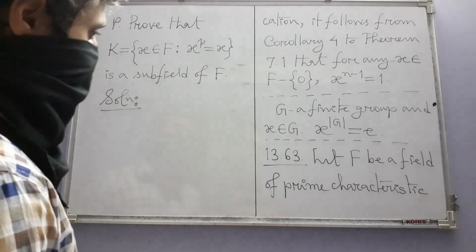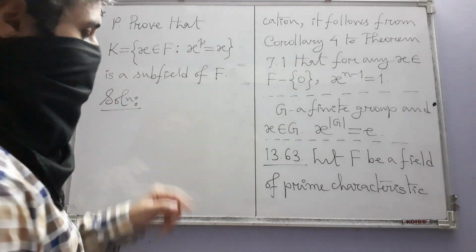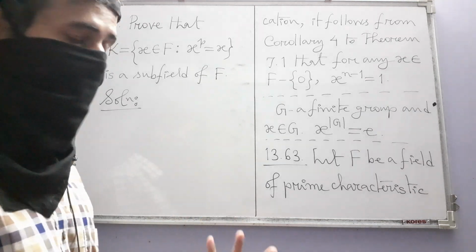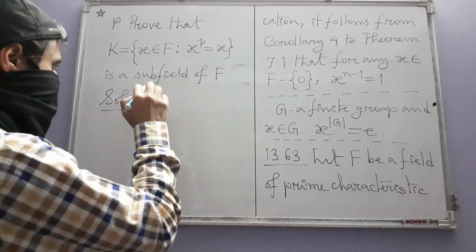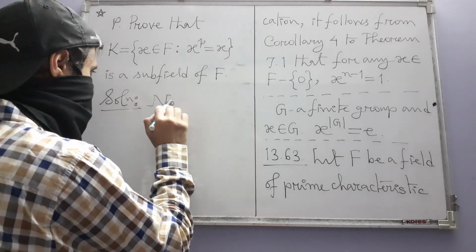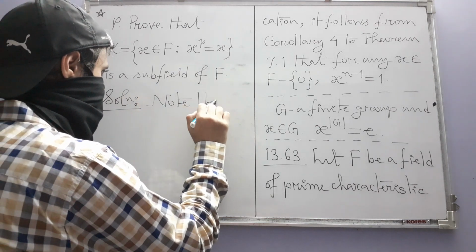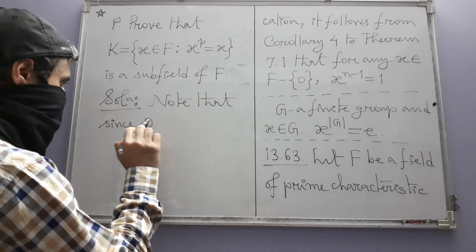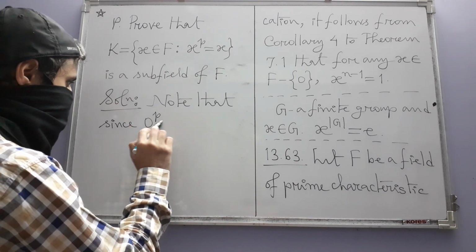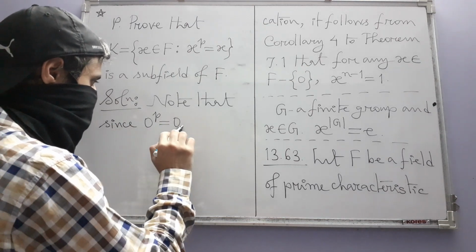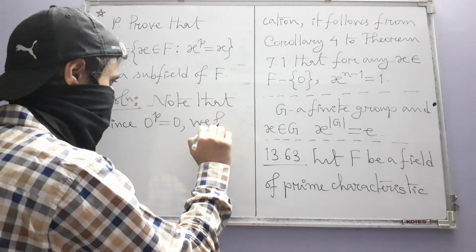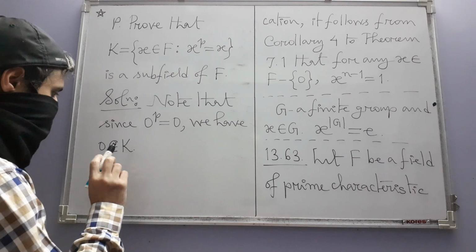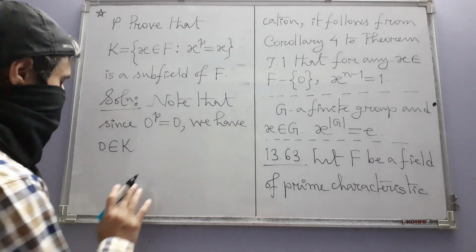Okay, but before we do anything, we have to make sure that K is a non-empty subset of F, because otherwise you cannot conclude anything about K. Note that since the pth power of the zero element in F is equal to 0, we have 0 in K. So that means K has something, it's not the empty set.